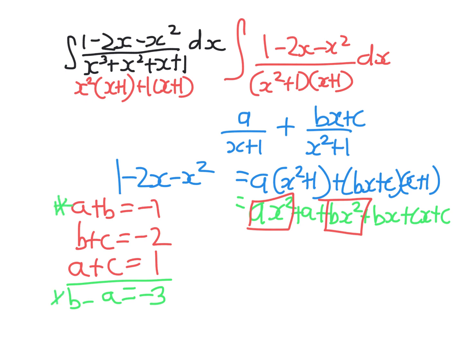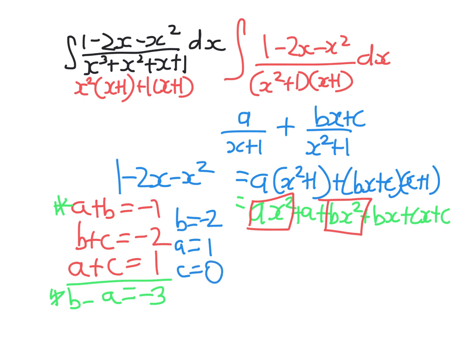Now I can use these two equations to solve for A and B. If I add together these two equations, I get 2B = −4, which of course means B = −2. Now if B = −2, that means A is going to be 1, and C is going to be, so I have −2 + C = −2, which means C is 0.